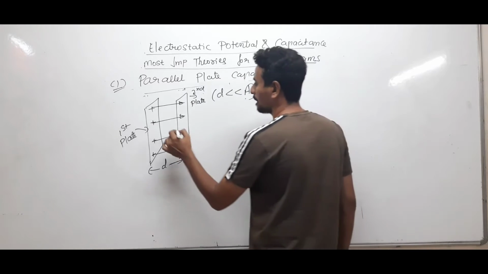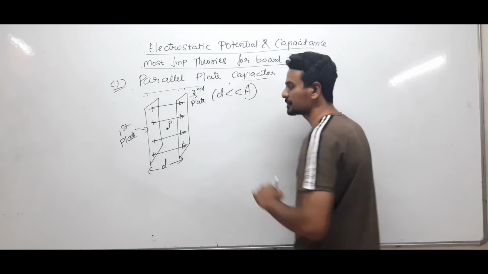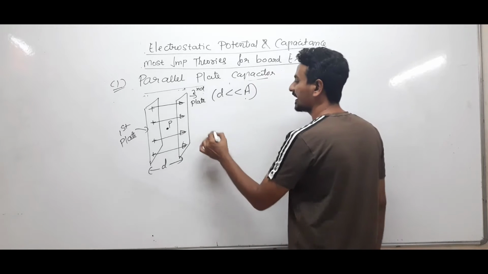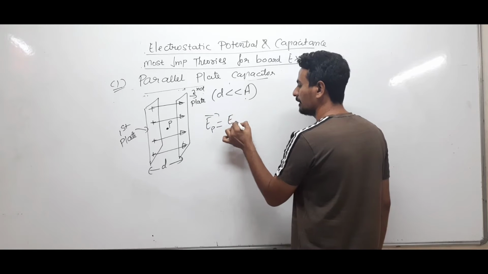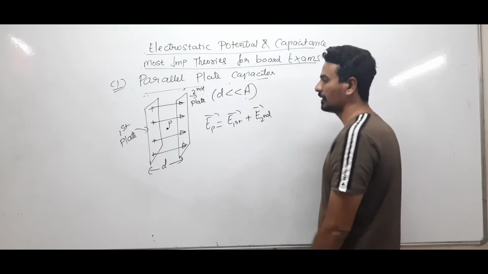Suppose we need to calculate the electric field at this point P. Electric field at point P will be the electric field because of the first plate plus the electric field because of the second plate.